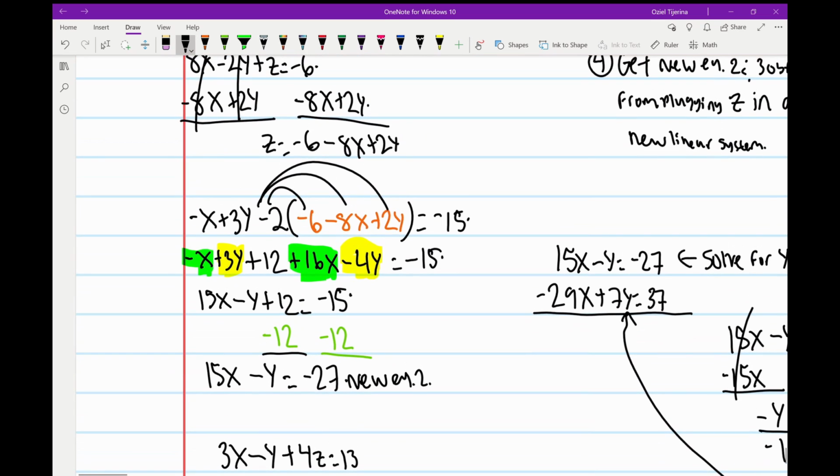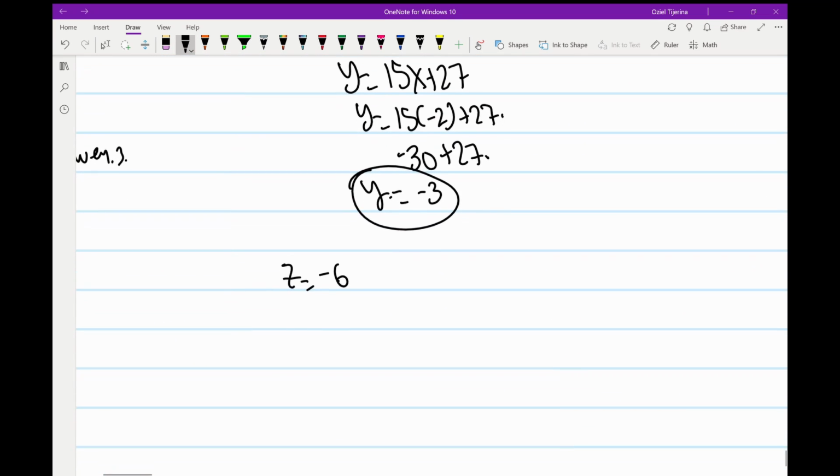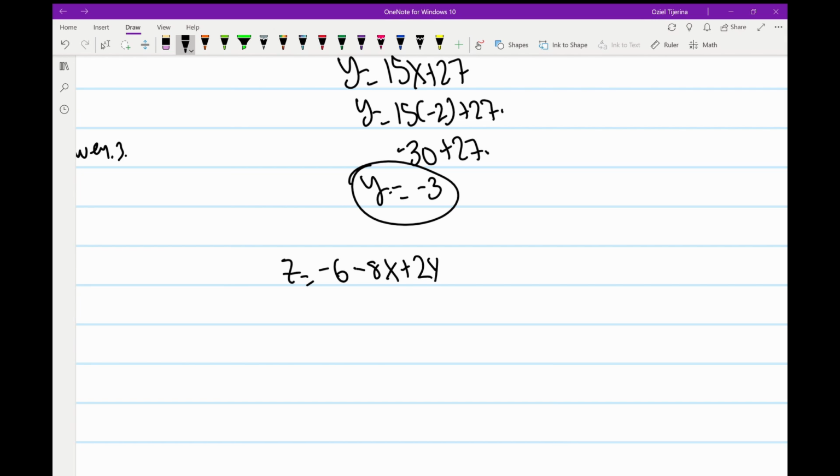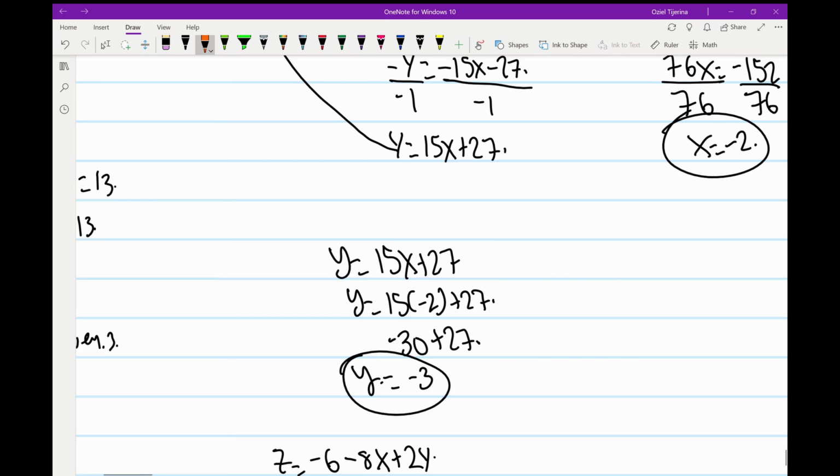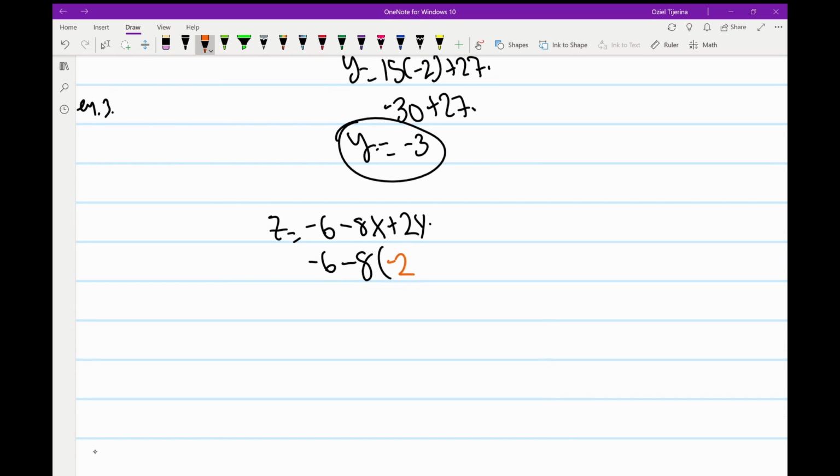Let's see, z equals negative 6 minus 8x plus 2y. So we have negative 6 minus 8 times negative 2 plus 2 times negative 3. And that's going to be equal to negative 6 plus 16 minus 6, which is negative 12 plus 16, which is equal to 4.